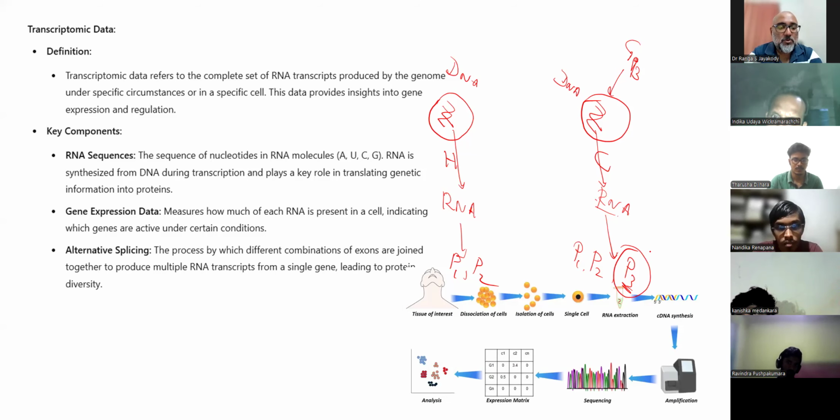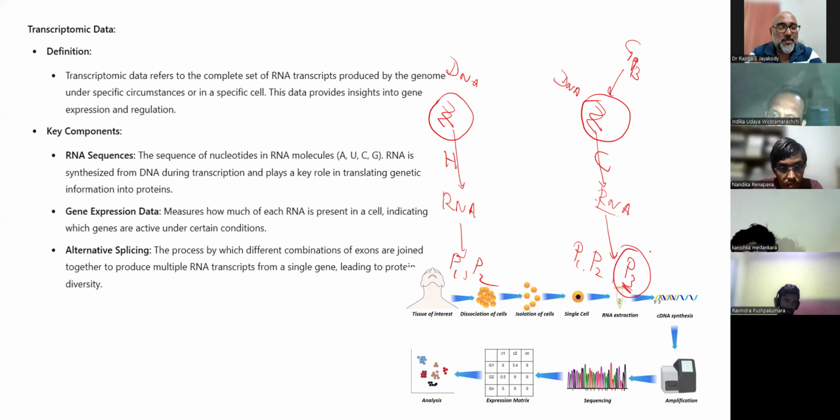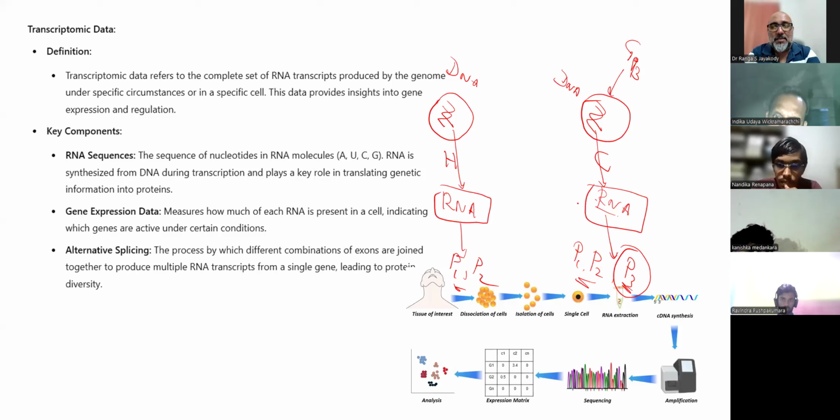So there's no signal to produce the protein P3. Now instead of analyzing the proteins in the cell, it is easier to analyze the messenger, because if this signal is there, it is definitely inside the messenger, right?